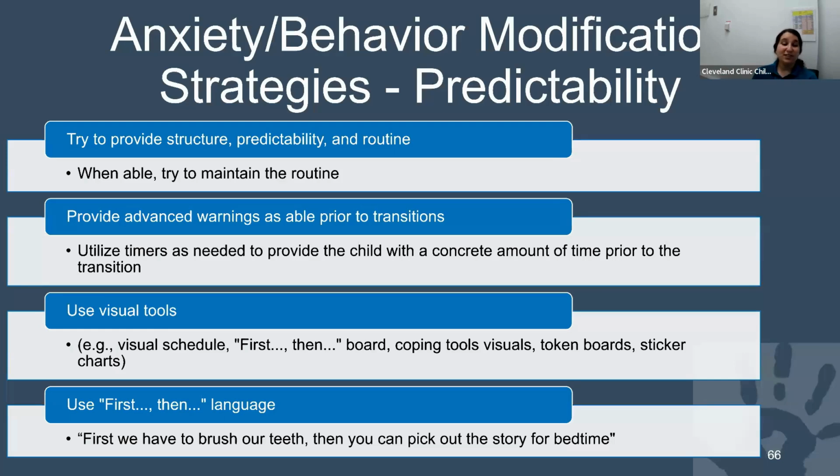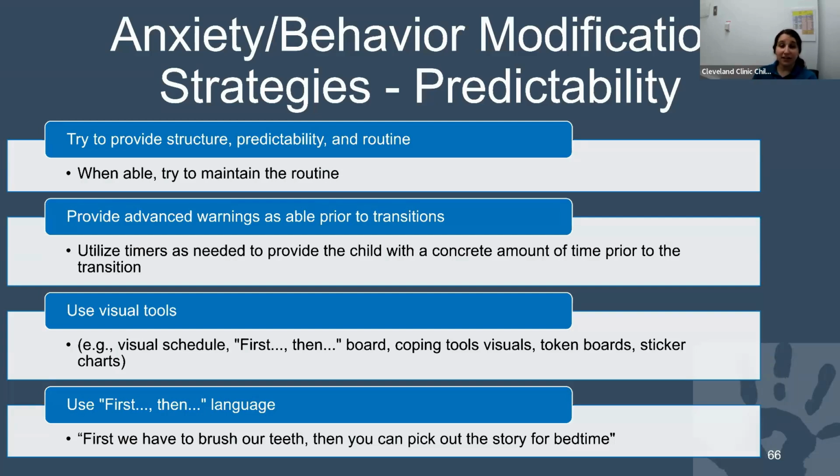Sometimes using visuals can help, especially if there's any difficulty with communication skills, language skills, executive functioning skills, or memory skills. Sometimes having a visual can help make kids feel like they know more what to expect.